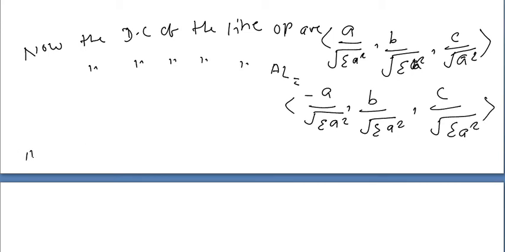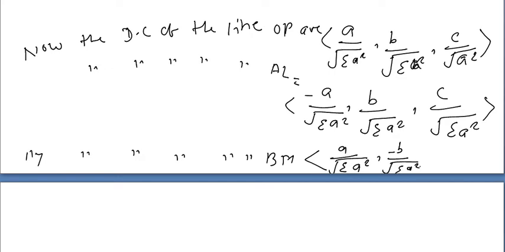And similarly the direction cosines of the line BM are a divided by the square root of the sum of a square, minus b divided by the square root of the sum of a square, and c divided by the square root of the sum of a square.